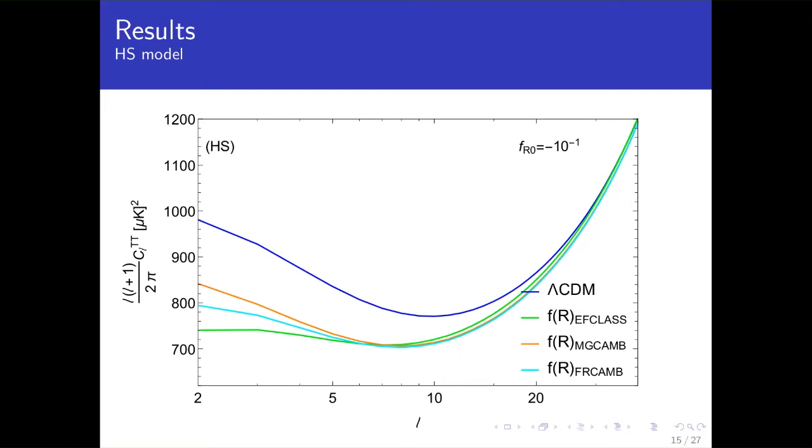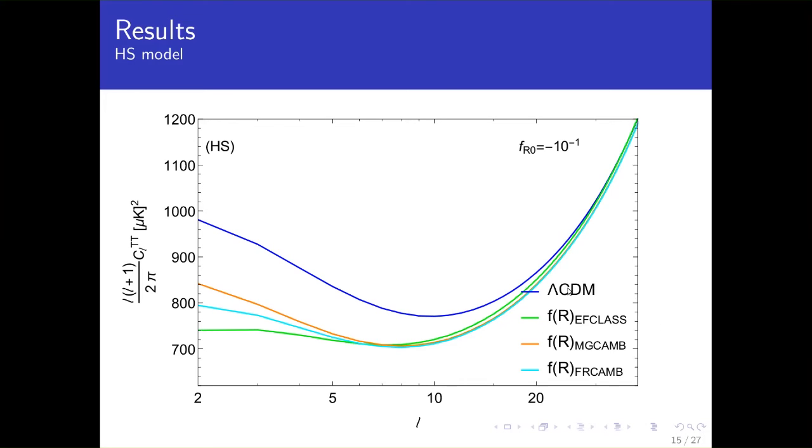We also implement the Hu-Sawicki model. And in this case, one has to take into account that the background is not lambda CDM. So you also have to solve the equation for the background, right? But usually people don't do that. So in MGCAMB and FRCAMB, at the time we wrote the paper, they don't solve for the background. They just assume that the background is lambda CDM.